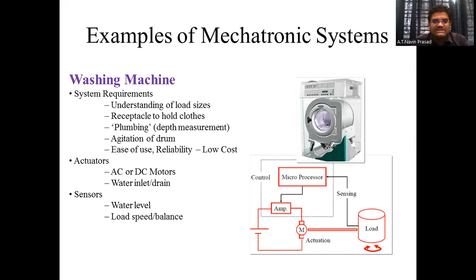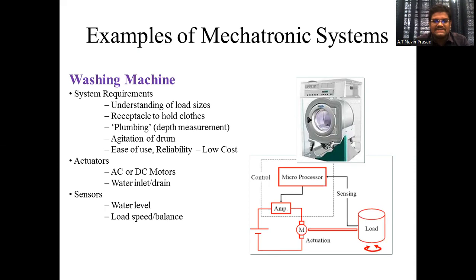First, we have to discuss what mechatronics is. Mechatronics comprises a mechanical system, an electronic system, and also software, right? In the washing machine, we know all about it. What is the purpose of a washing machine? The purpose is to wash our cloths. So what will be the system requirements?